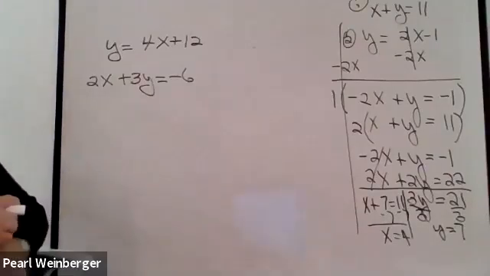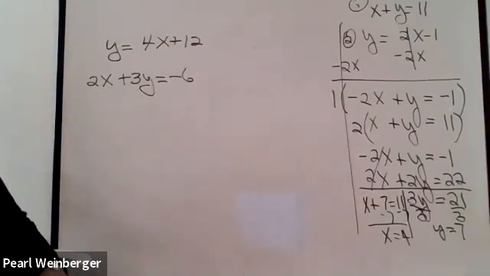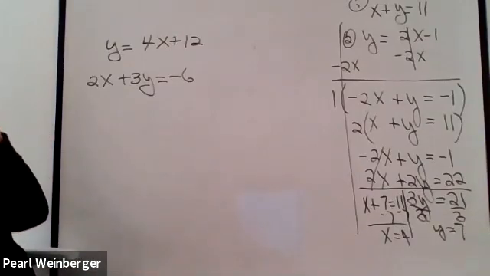Which method did you use, Azia? First, I tried the substitution method, and because I was not too sure, afterwards I used the other one. Okay, let's see what you do with the substitution method. What did you do? In the second equation, I replaced y with 4x plus 12.